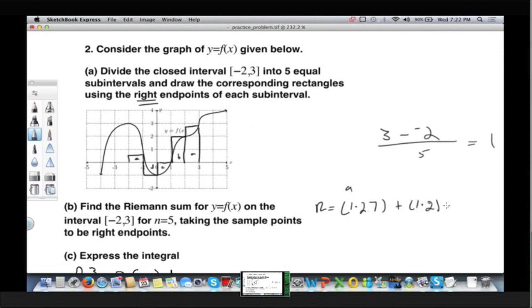Okay, and let me give you a pointer here. On these types of problems, when possible, try to interpret the graph so that the function values are integers.